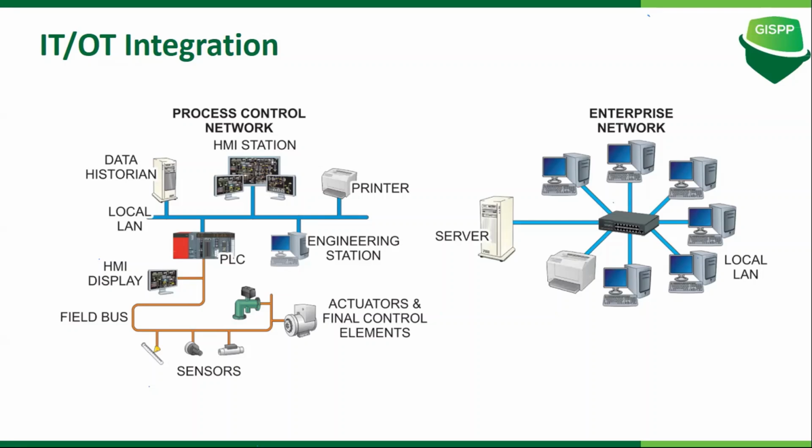They either receive 1, 0, or certain data in the form of a segment, and then perform something. So this IT OT integration works the same way. On the local LAN, we have connected these data historians. We have connected this workstation so that we can see the data coming out.